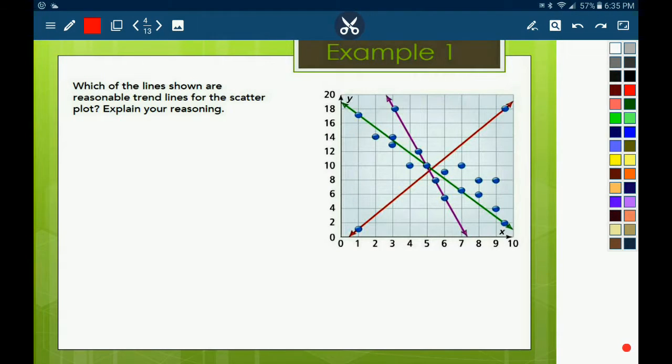The first example says, which of the lines shown are reasonable trend lines for the scatter plot, and explain your reasoning. Now, when I look at these different colored lines, I do see one that is completely unreasonable, and that's this red line. Okay, this is unreasonable.